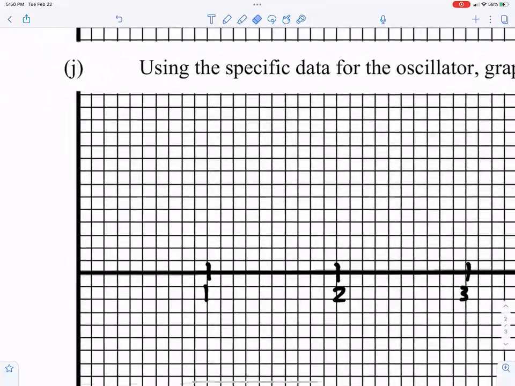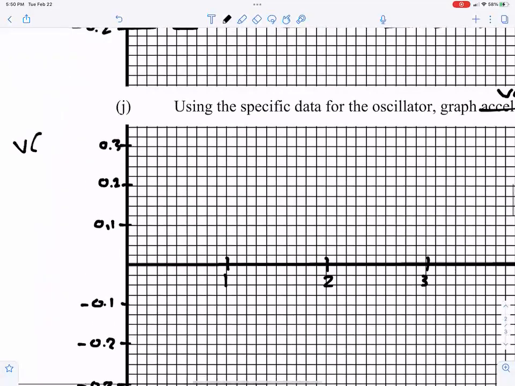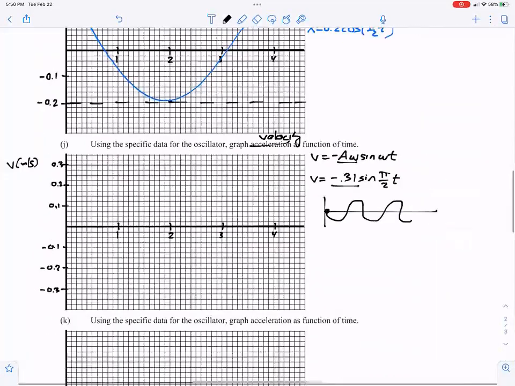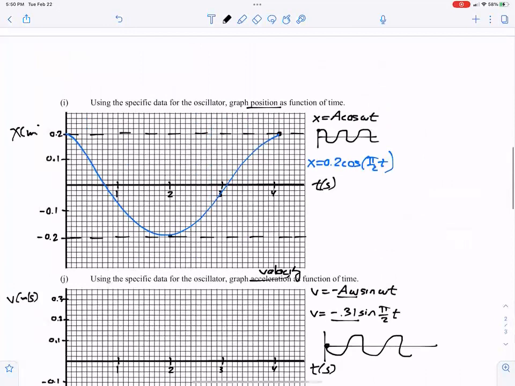So every 4 boxes would be 0.1. That should work. So every 4 boxes, 0.1, 0.2, and 0.3. Remember, we're making a sketch. We're not making it perfect. So every 4 boxes down, negative 0.1, negative 0.2, and negative 0.3, where this is velocity in meters per second, time in seconds. The first graph was time in seconds, position in meters.